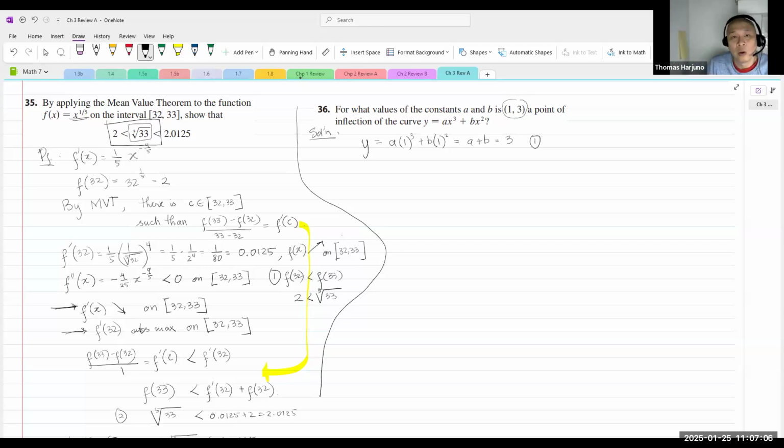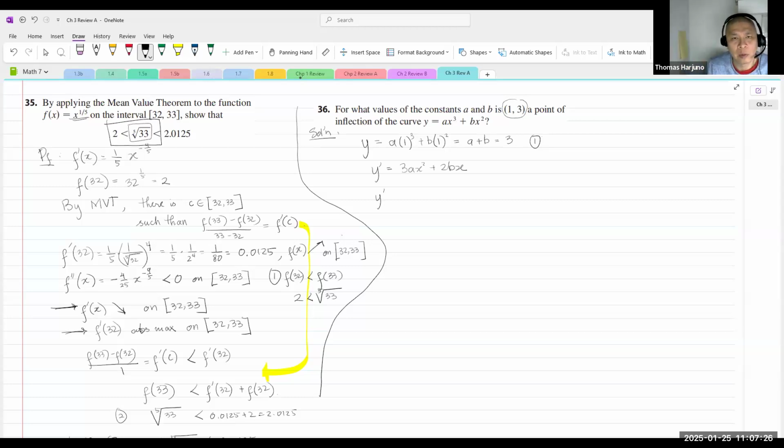Now y prime equals 3a x squared plus 2b x. It's a point of inflection, so the second derivative equals 0, right?